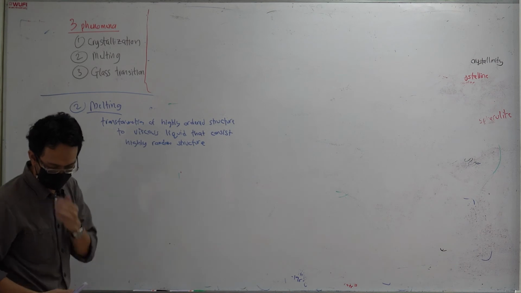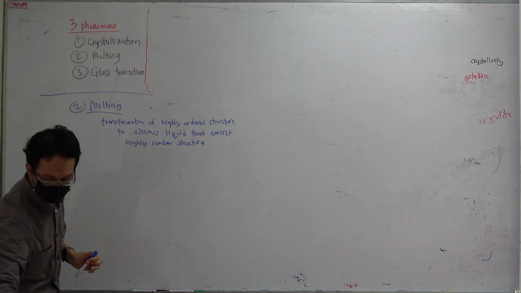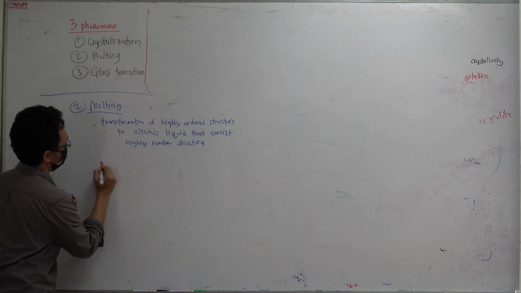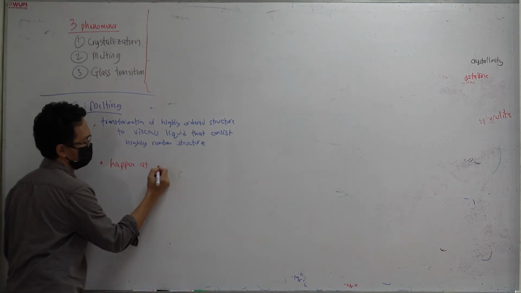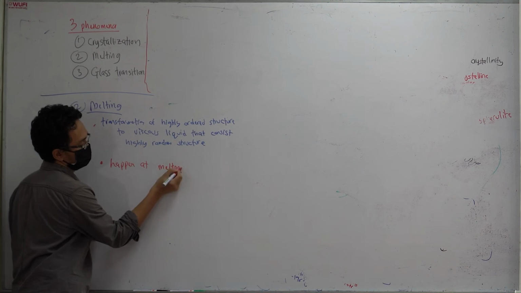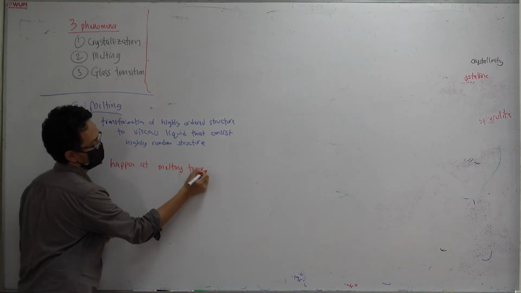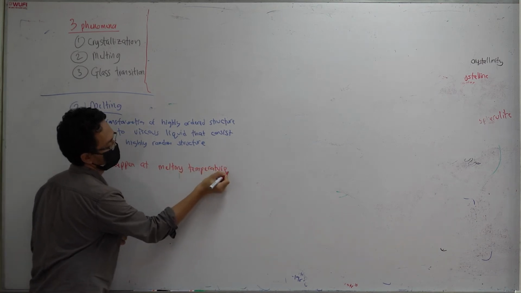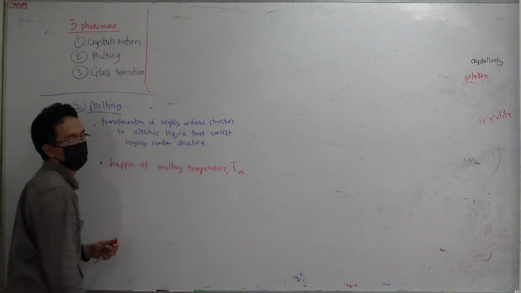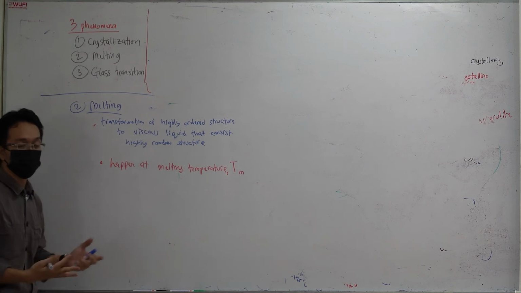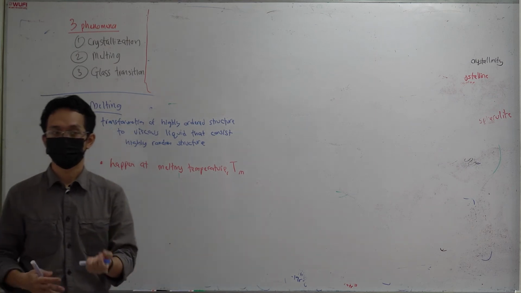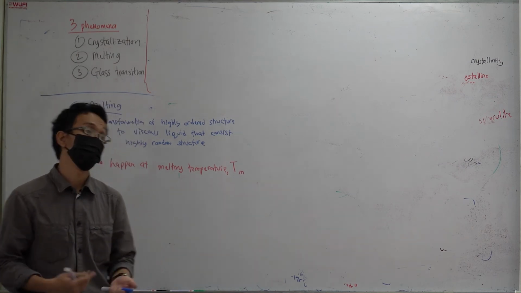This melting happens at the melting temperature. We call it Tm. Melting happens at the melting temperature. The melting in polymer is quite different than melting in metal or ceramic.